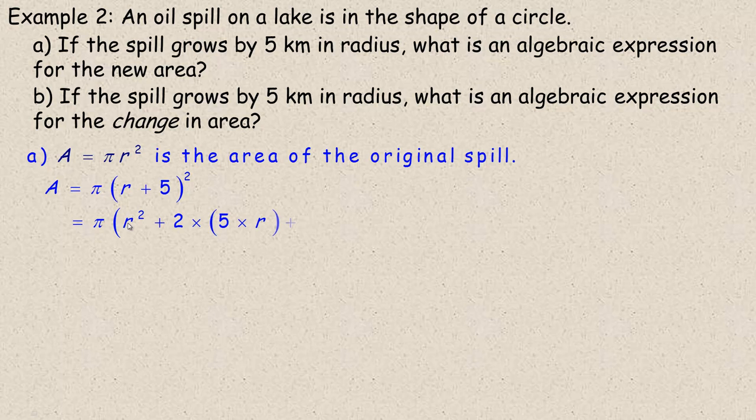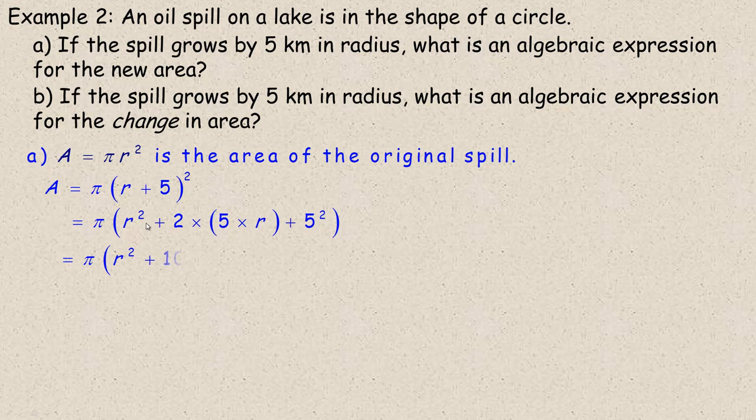Just like the examples on the previous page, this is what I'm thinking when I go directly to the final answer. I'm squaring r plus 5, so I'm going to square the r at the beginning, and square the 5 at the end. The middle term comes from multiplying r by 5 and then doubling it.